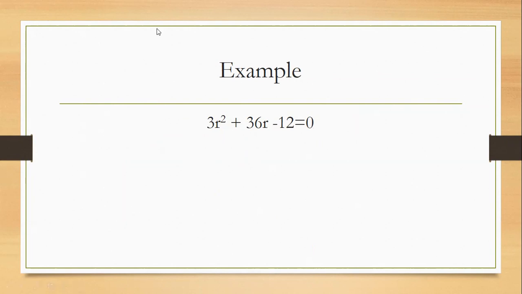So if I divide each term by 3, this is gone. That becomes 12. And that becomes 4. Now 0 divided by 3 is still 0.